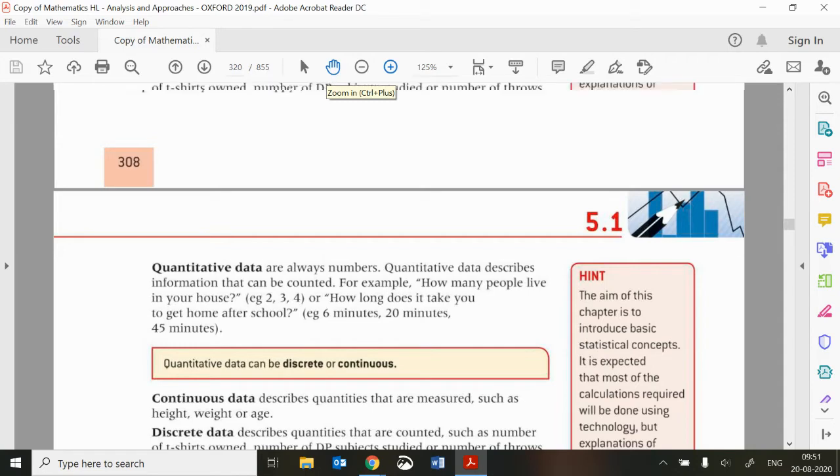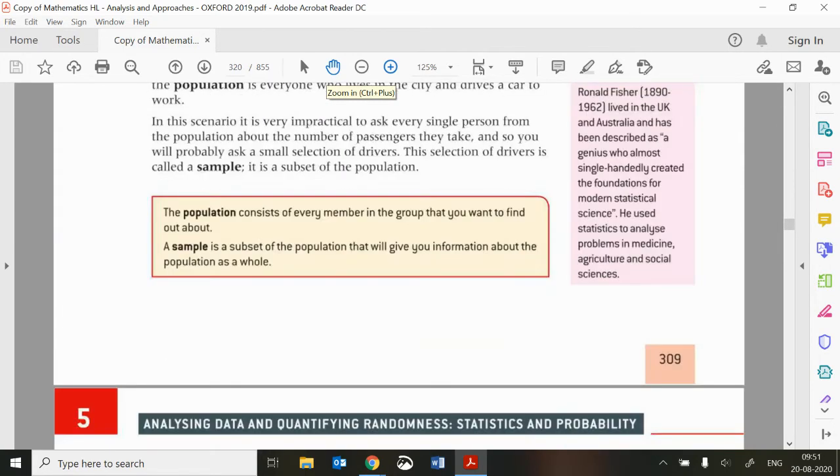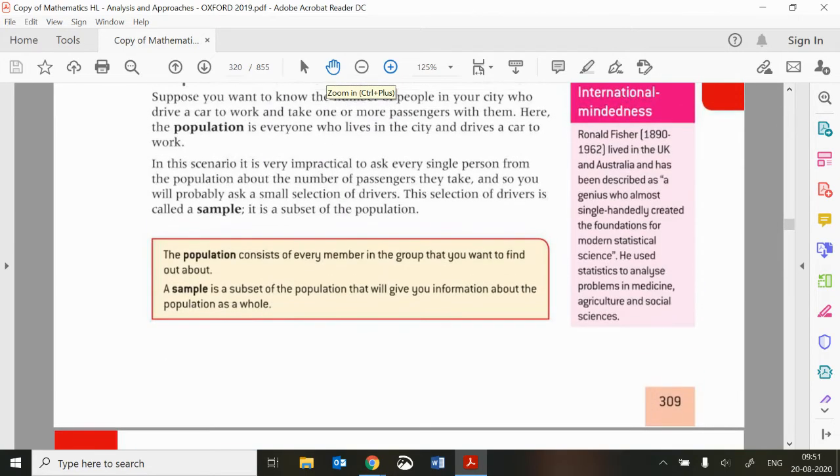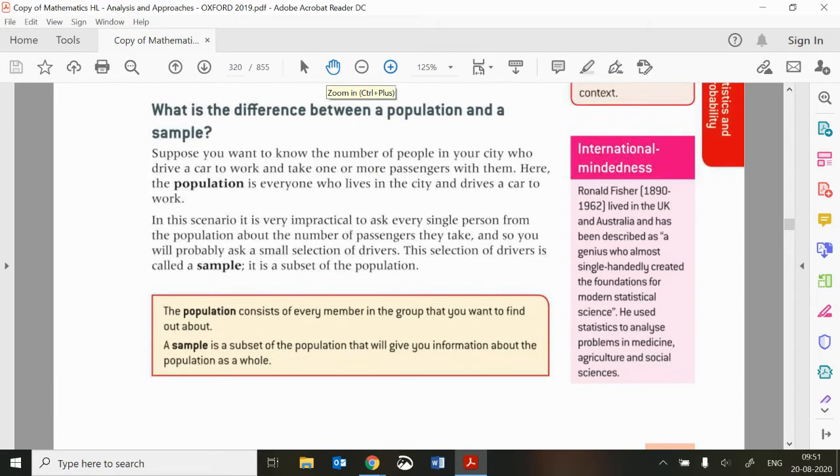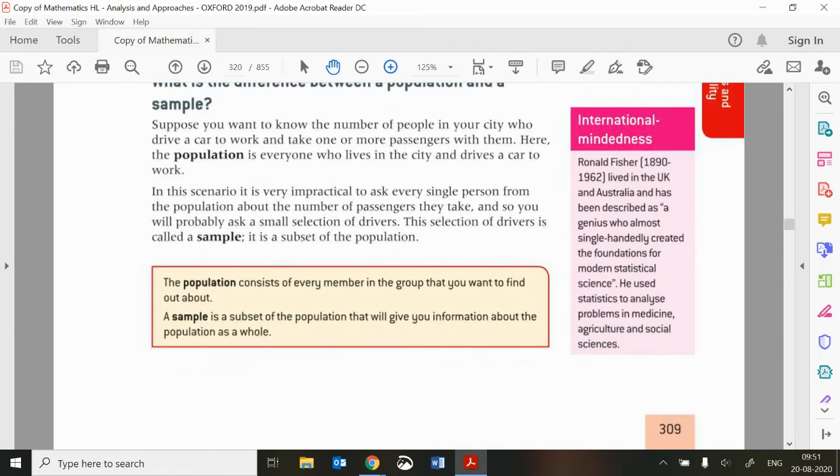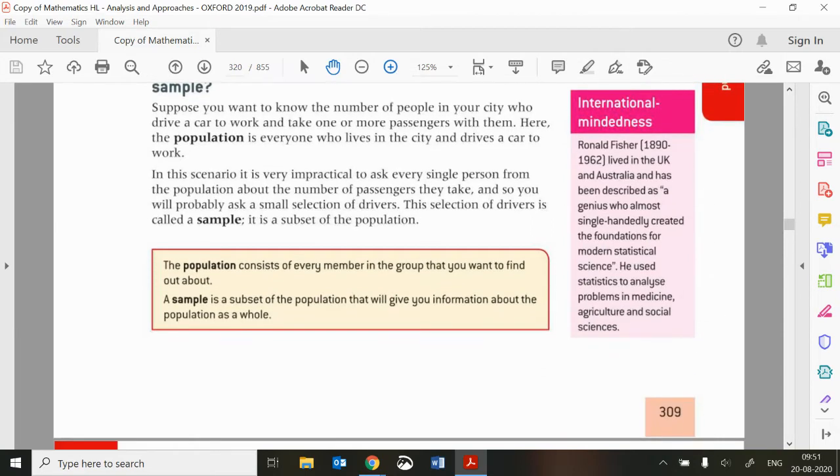And I think there is an opportunity to research quite a bit here and to read further than just what's in this chapter. So, for example, they talk about Ronald Fisher here, and they say he lived between 1890 and 1962, lived in the UK and Australia, and is described as a genius who almost single-handedly created the foundations for modern statistical science.